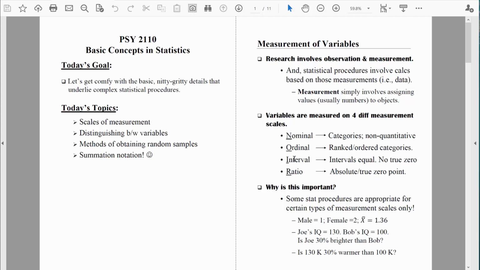Do we possibly have an interval level scale? In order to have an interval level scale, we need to have equal intervals, equal distances from one category to another. So when we're talking about the performance of an employee, is the difference between a superior employee and an above average employee the same amount of difference as there is between an above average employee and an average employee?